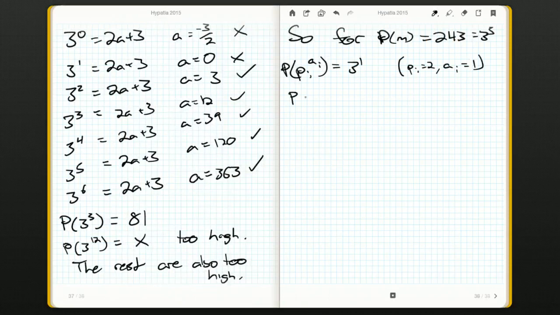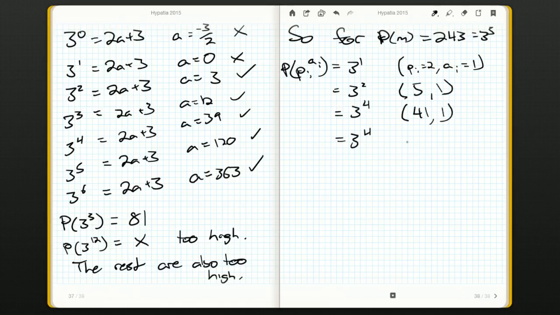We could get 3 squared, and that was with 5 and 1. And we get 3 to the 4, and that was with 41 and 1. And we can get 3 to the 4 in a different way, and that's with 3 and 3.